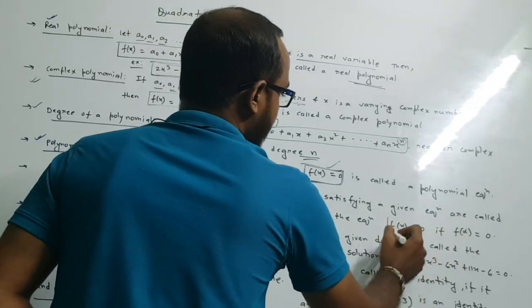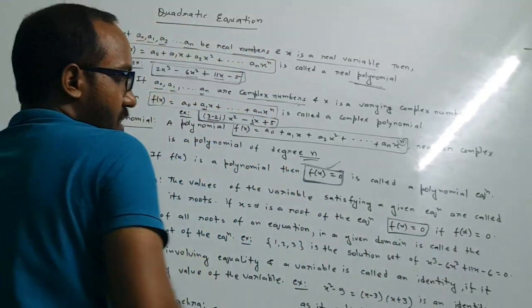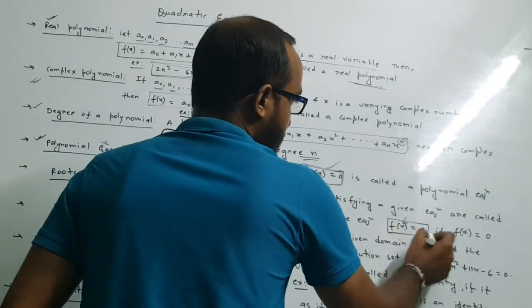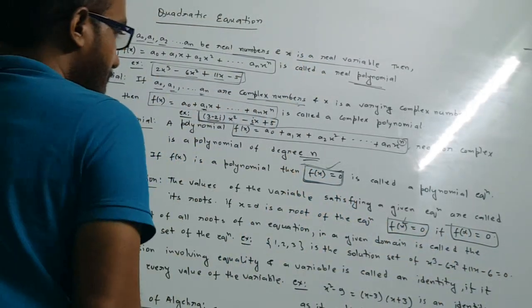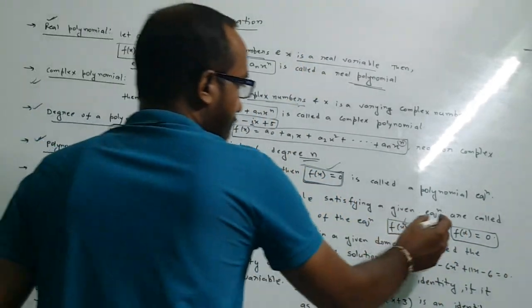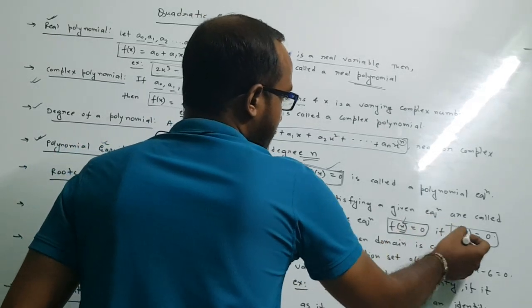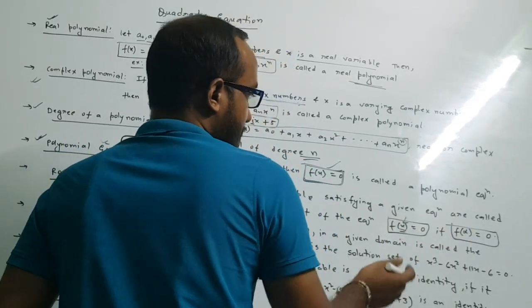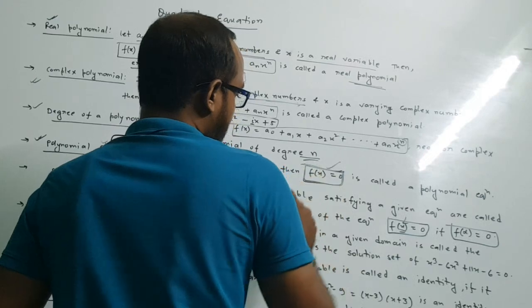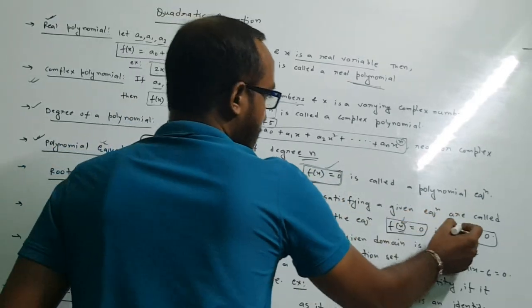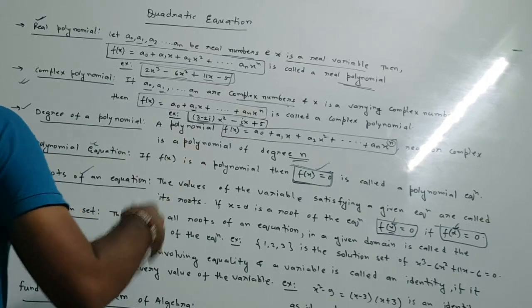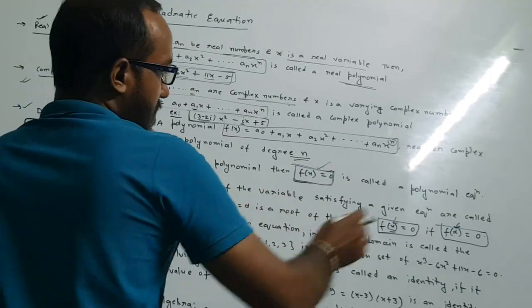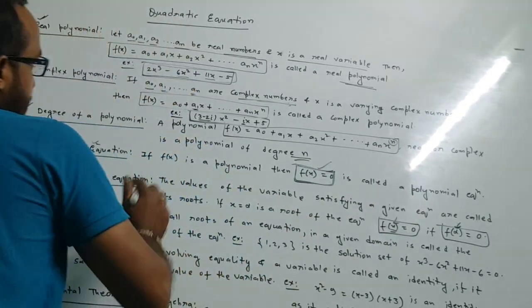So let us say f(x) equals 0 is a polynomial equation and x equals alpha satisfies this equation, then f(alpha) equals 0. If you put alpha in place of x, you will see that f(alpha) equals 0. That means alpha is a root of that polynomial. If it satisfies the equation, then alpha would be a root of that equation.